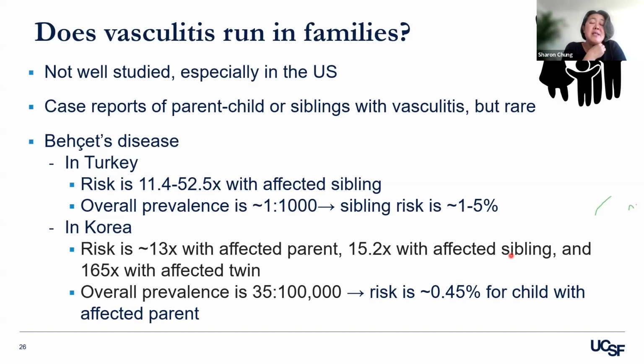But the overall prevalence of Behçet's in Korea is really quite low. It's 35 per 100,000. And so even if you yourself have Behçet's, the risk to your child is about 0.5%. So higher than the general population, but still pretty low.